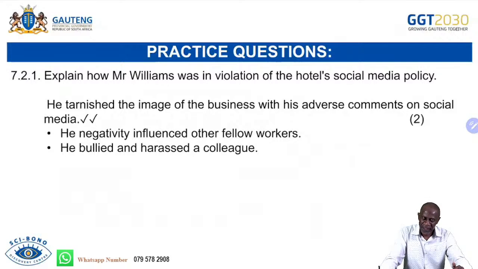So, in simpler terms, we can say he badmouthed this business or his employer with the negative comments that he made on social media. So this is allocated 2 marks. We have alluded to that, and you'll get your 2 marks.